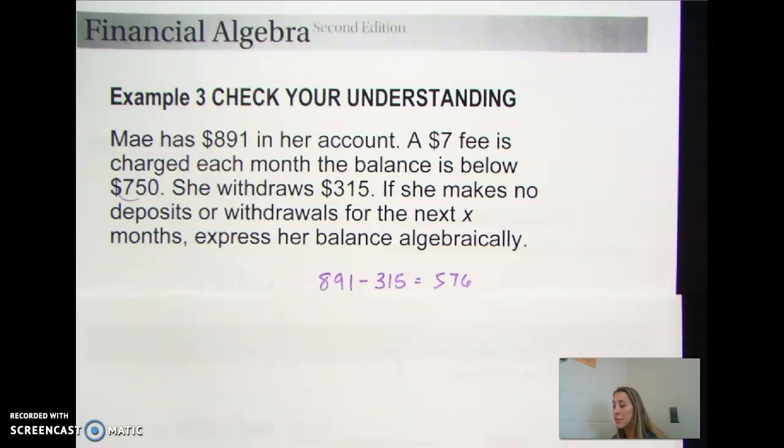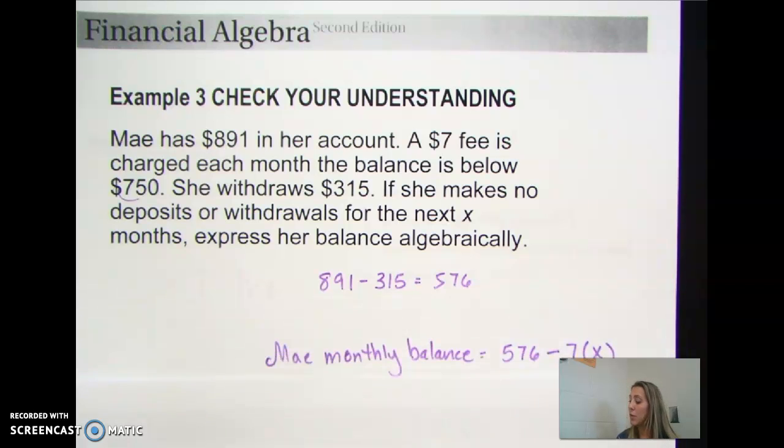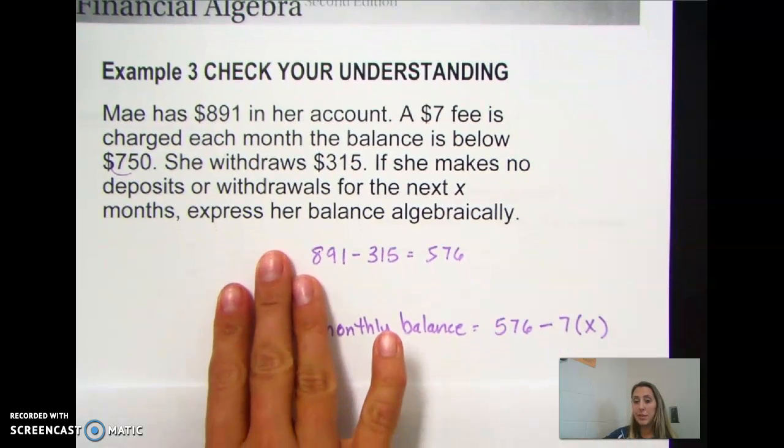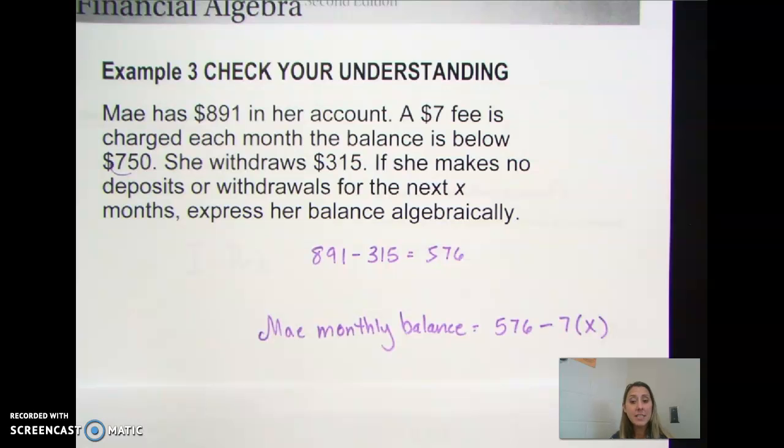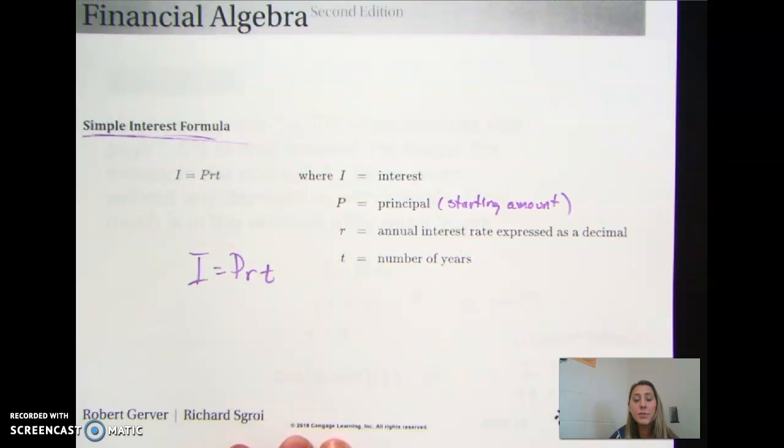So the first thing I'm going to do is subtract, and I get $576, which is definitely less than $750. So she's going to lose $7 for X amount of months. So I'm going to write that her monthly balance is 576 minus 7 times X months, right? So if it's only 2 months, we could put a 2 there, and we would know that she was charged $14 total.